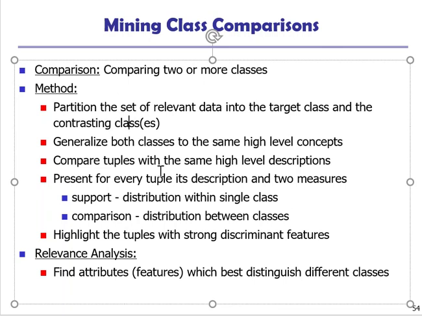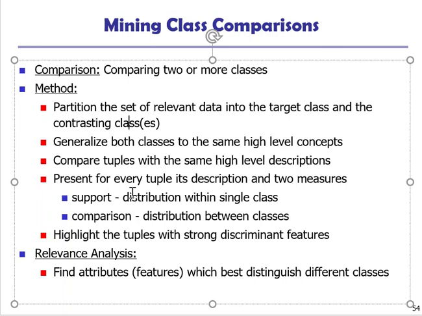For example, we can probably find undergraduate students are generally younger than graduate students, and undergraduate students generally have lower GPAs than graduate students. And then we can present for each tuple its description and the two measures.